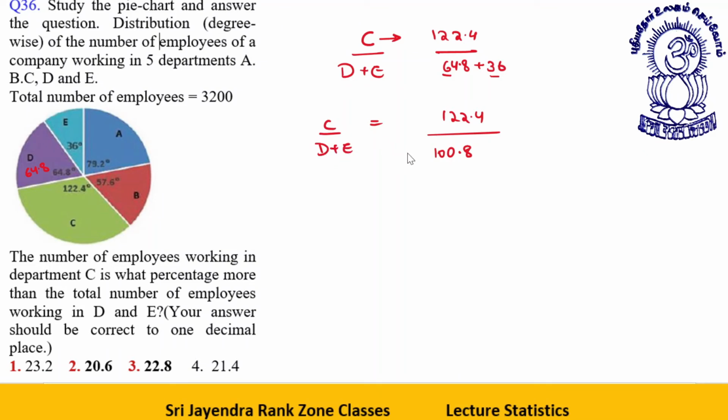I'll apply a simple logic. See, 120 by 100 is what? 120 by 100 is 6 by 5. So if you increase it by 5 parts, you will increase it by 6 parts. If you decrease it by 5 parts, you will decrease it by 6 parts.